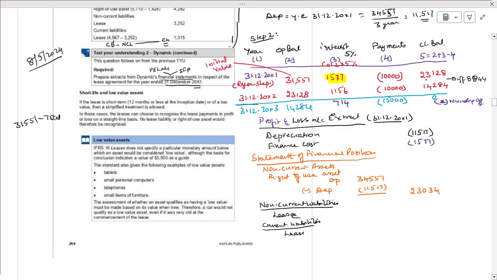First year, how much have we paid? 31,551 minus 23,128. We have paid 8,423.